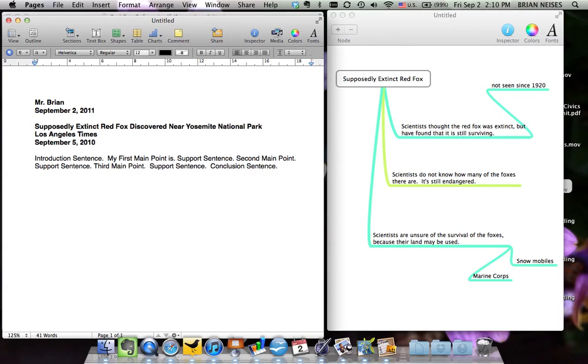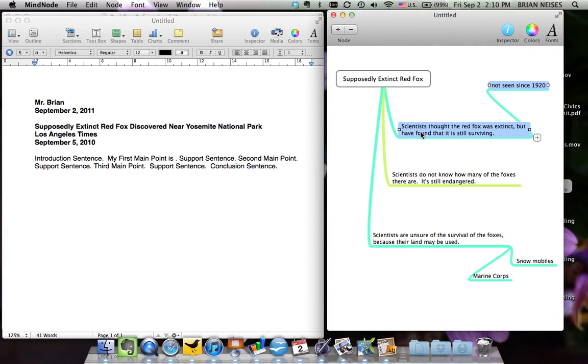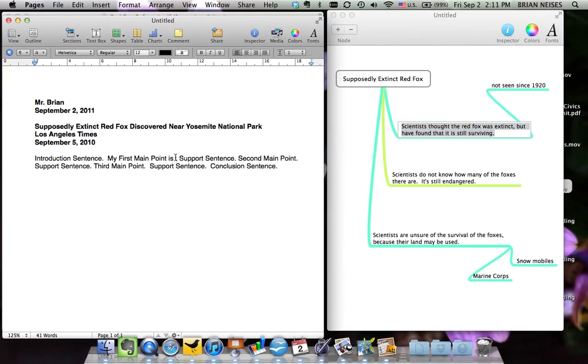My first main point was, over here, scientists thought the red fox was extinct, but have found that it is still surviving. Okay? So I might take that and say, that is my first main point, is that scientists thought the red fox was extinct, but have found that it is still surviving.